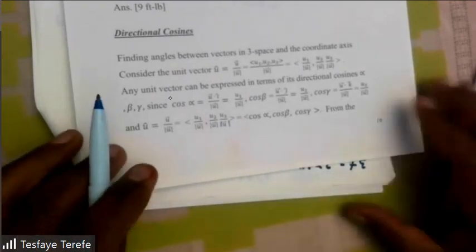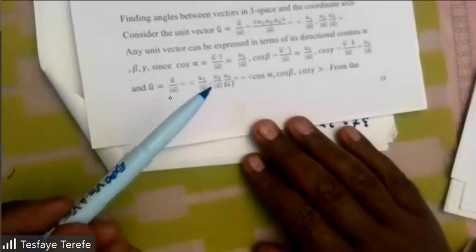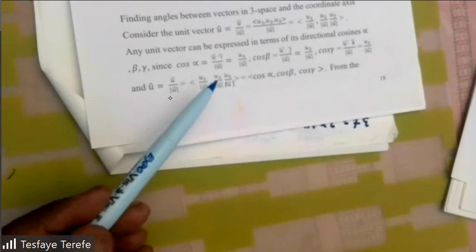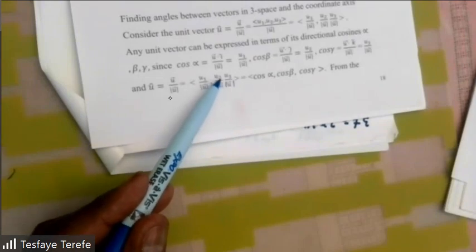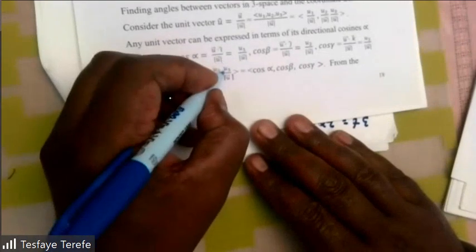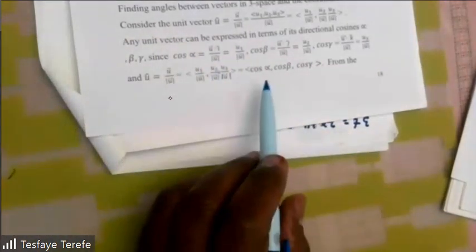Therefore, the direction cosine is going to be the x component of the vector u over the magnitude of u, not necessarily a unit vector, then the second component, and cosine alpha, cosine beta, cosine gamma form this form.